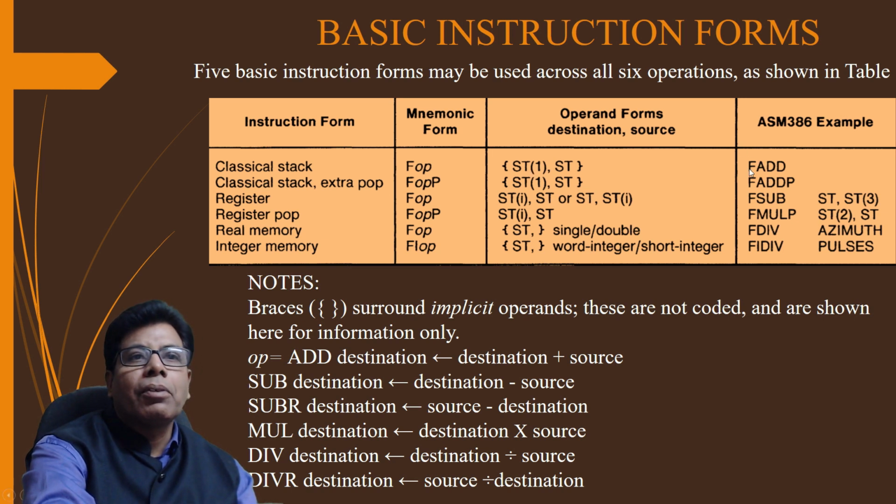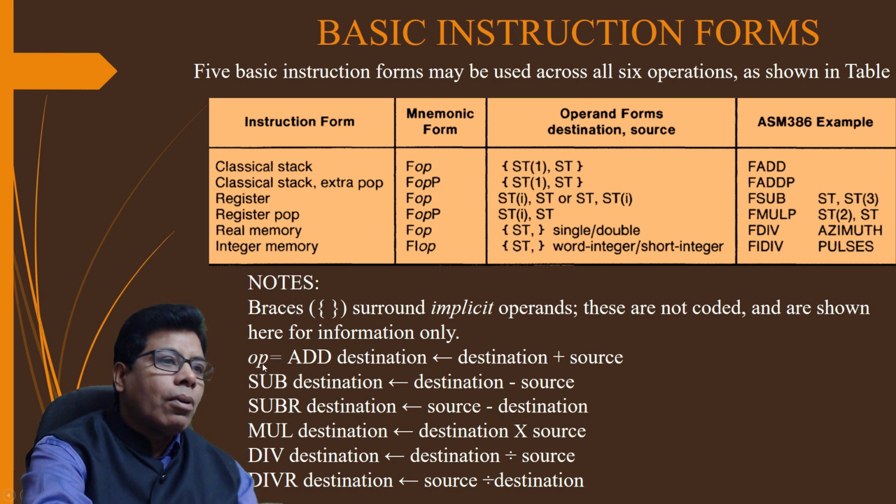When we are performing the addition, here is the example FADD. These two operands are added and the result will be stored in the destination. Here we have given the notes. These braces indicate the implicit operands for the instruction, and they are not coded here, they are shown for information. The operation add will add destination plus source and the result will be in the destination.